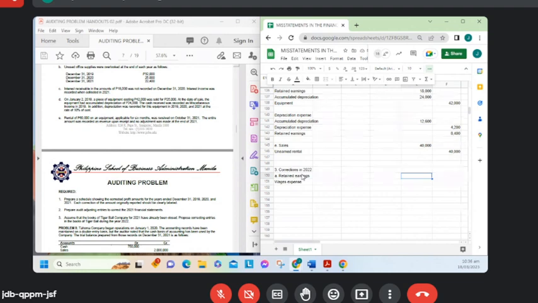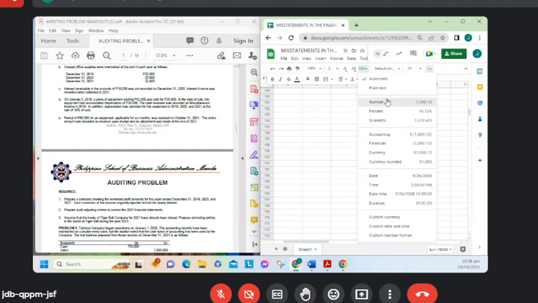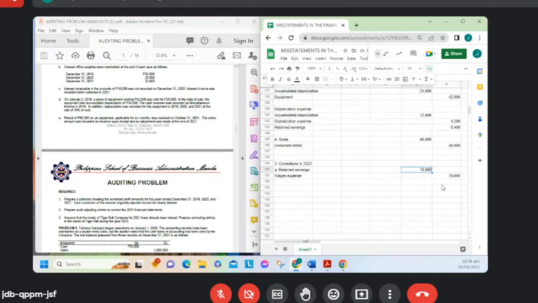That's 78,000. Why wages expense and not accrued expenses? Because this is counterbalancing, right? So the correction should only be made on the corresponding account affecting the income statement.